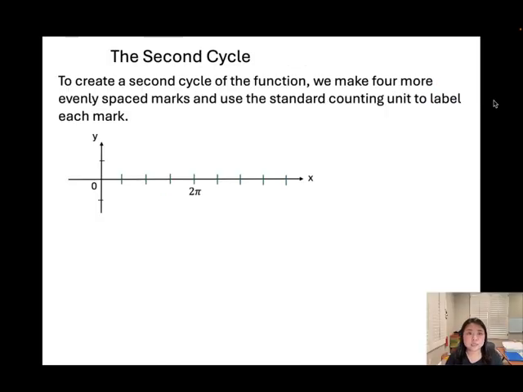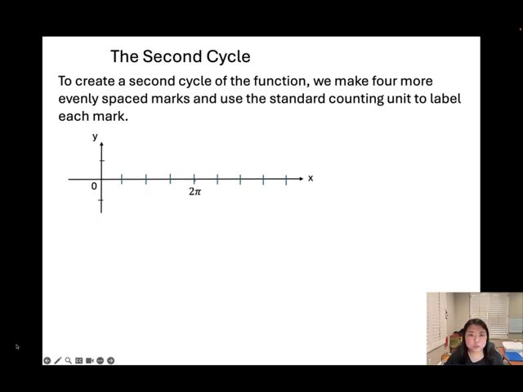Okay, the second cycle. To create a second cycle of the function, we make 4 more evenly spaced marks and use the standard counting unit to label each mark. So for the previous example, we only needed you to graph one cycle. How about if I want you to graph the second cycle? Then how can you find all those numbers?